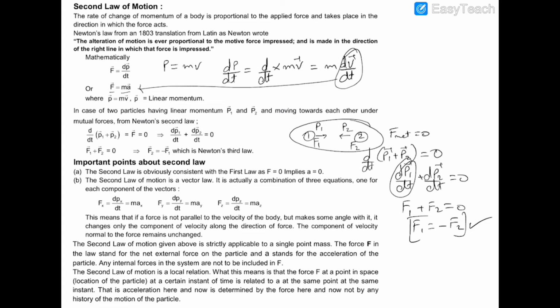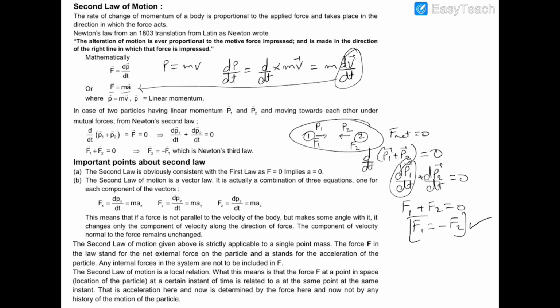Similarly, the force acting along y will change the momentum along y, and the force acting along z will change the momentum along the z-axis. This means that if a force is not parallel to the velocity of the body, but makes some angle with it, then it changes only the component of velocity that is along the direction of the force, and the component of the velocity that is normal to the force will remain unchanged.